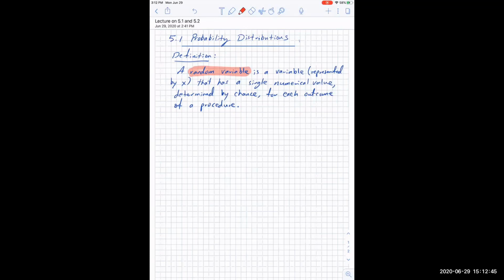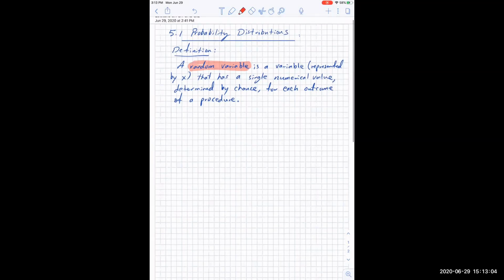So you're going to do a statistical experiment. Let's say you flip a coin, you roll a die, and the value of X is determined by the outcome of the experiment. So its value is determined by chance.